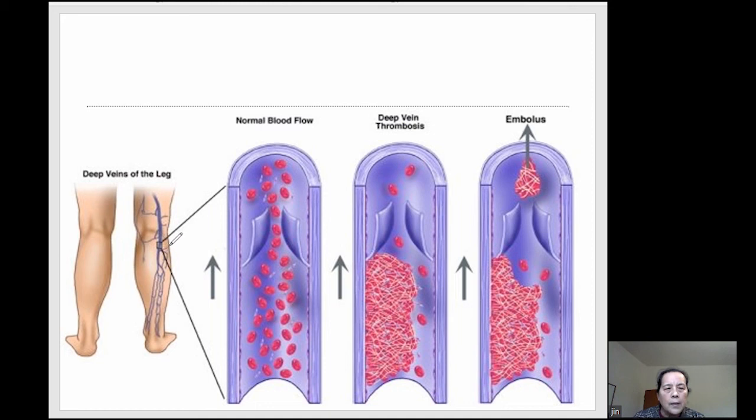So that's the vein in the leg. It's a deep vein in the leg. And for some reason, we can see some blood clots already formed in here, making the blood flow pretty narrow, going this way.